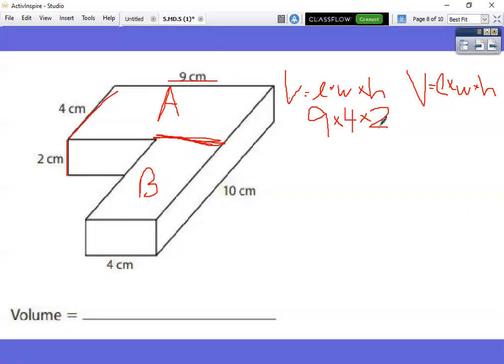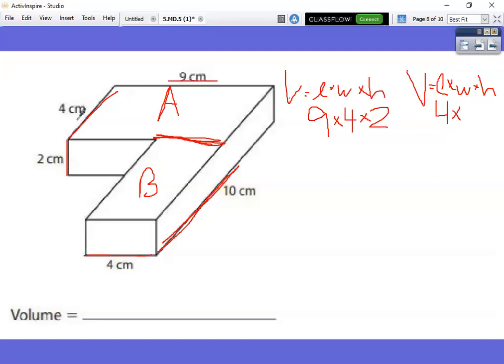If we look at prism B, we see that the length is 4. But what about the width? I see that this entire width is 10 centimeters, but I'm only needing part of this. So how can I figure out what just this part is equal to? Well, I know that the total width is 10 centimeters.